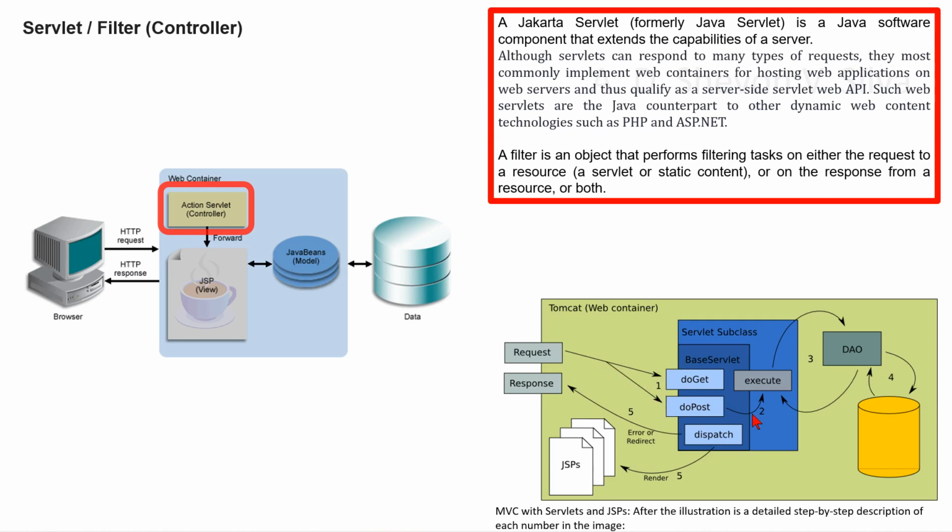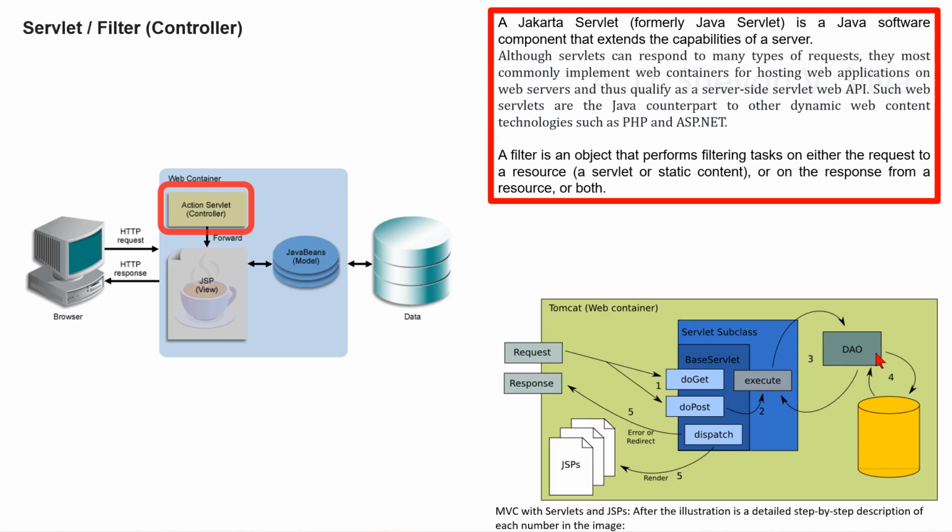Step 2, the base servlet calls the execute method of the subclass. Step 3, the execute method is where the real action happens, and all exceptions that are not handled will be handled, and here is where the servlet accesses the data access layer.